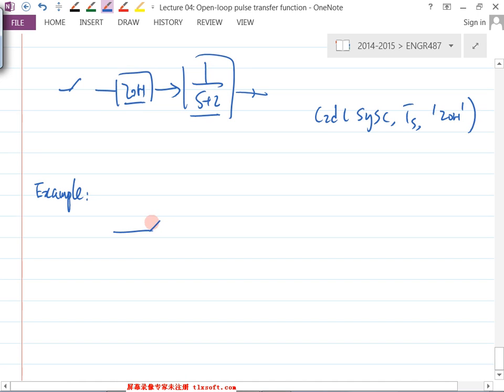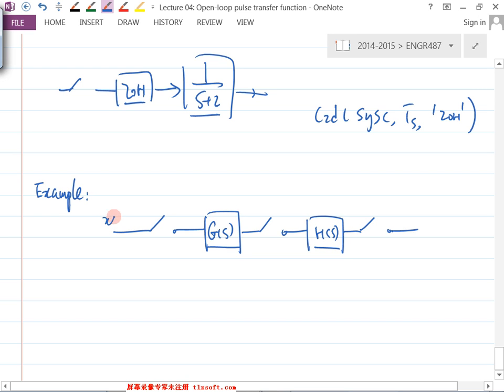So this time I will deal with a little bit more complicated open loop.